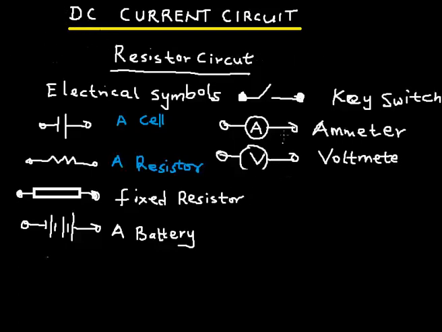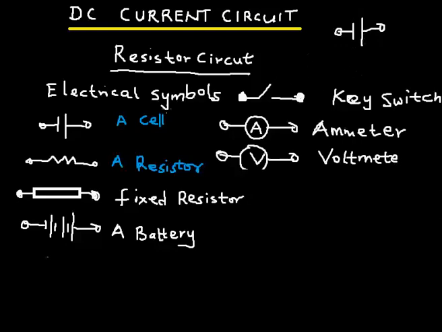Invariably, the current that comes from a battery or a cell is a direct current, because the current doesn't change. It's steady for the particular period of time that the battery or the cell is supplying current to the external circuit.